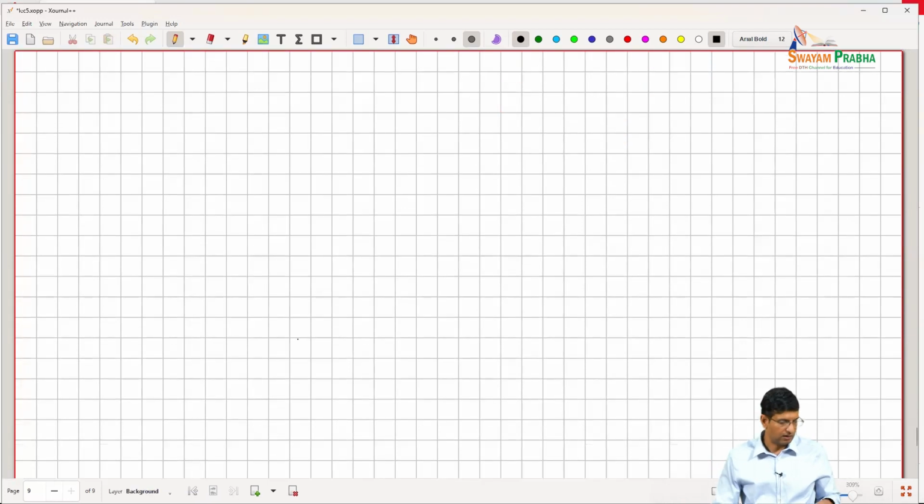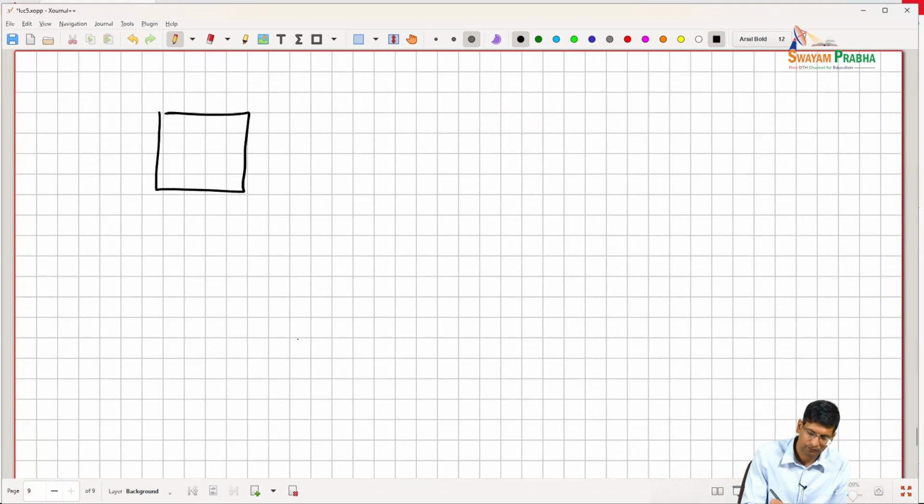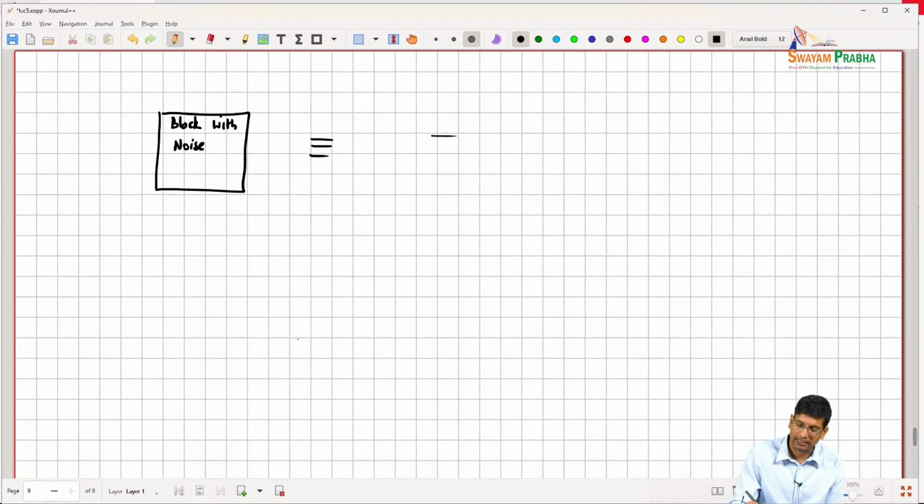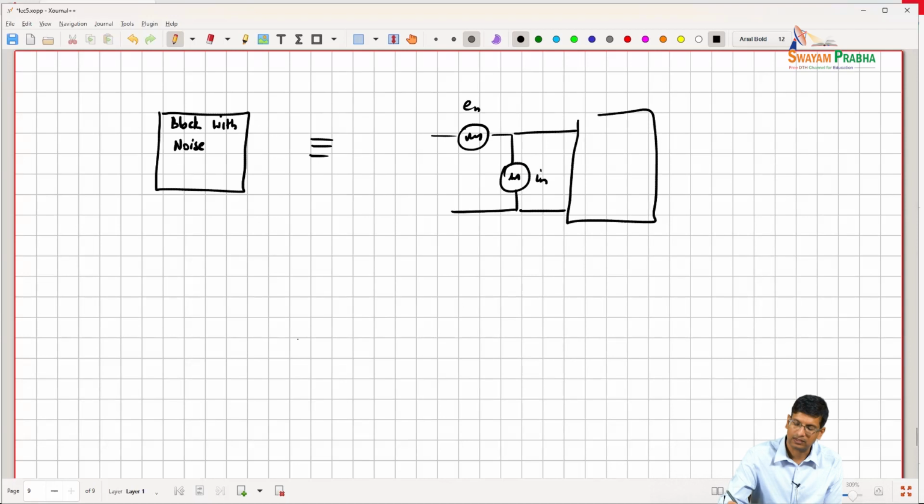So when we are in general trying to model a noisy block, we'd like to model this block ideally in terms of some voltage noise and some current noise, and then have a block that is noise free.